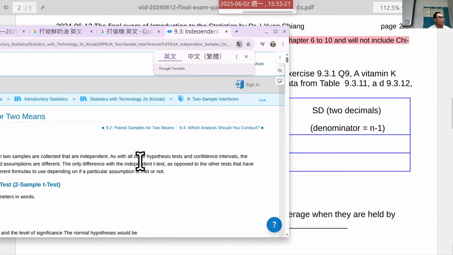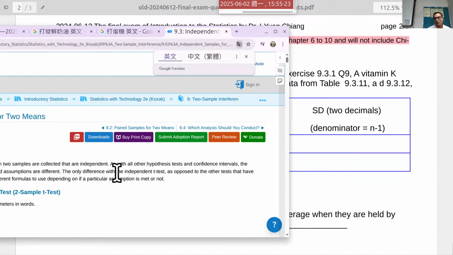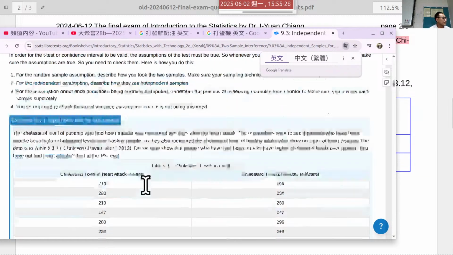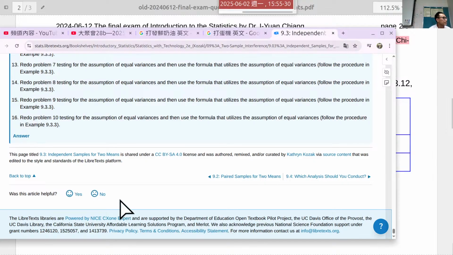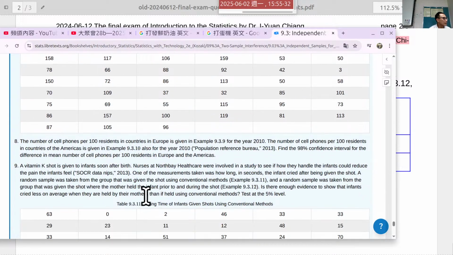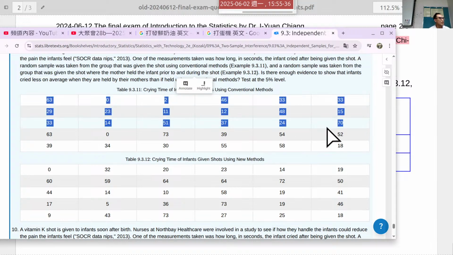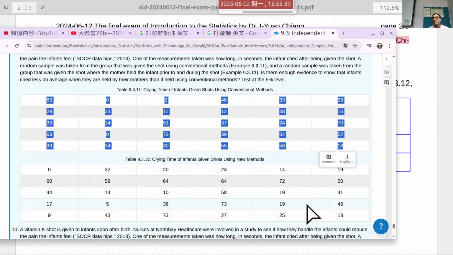Exercise 9.3.1, question 9. Here, vitamin K. Then you can select the range, copy and paste to your computer. And as I told you, I encourage you to use Google Office to handle those data. Is it okay? It's okay.